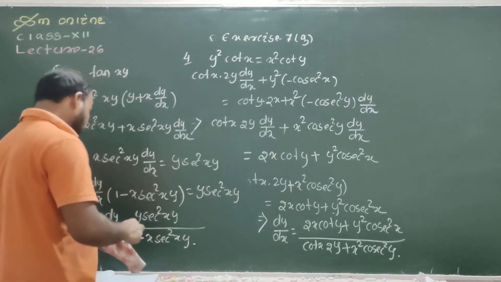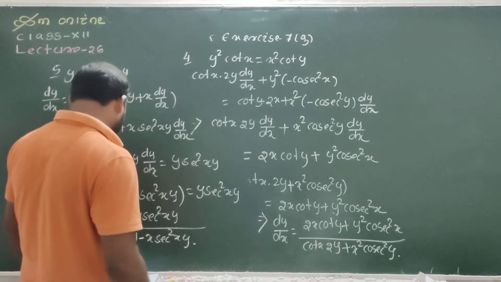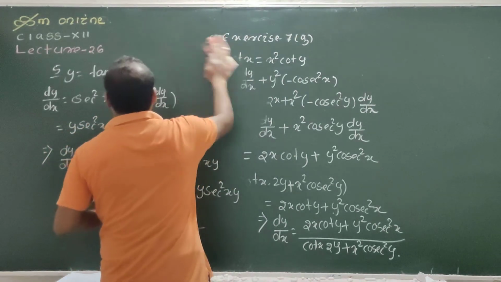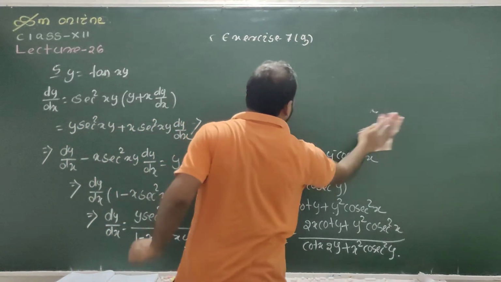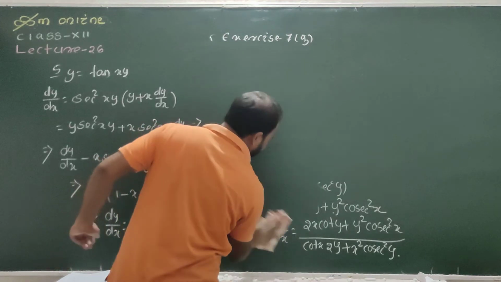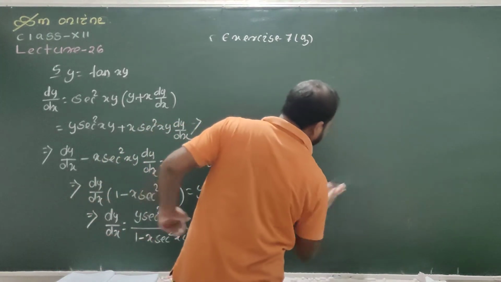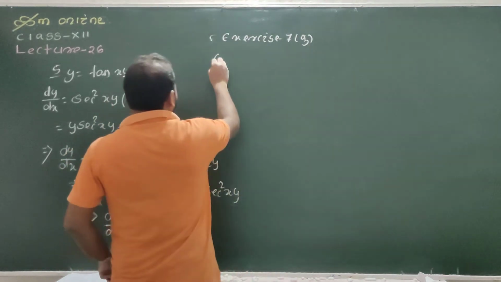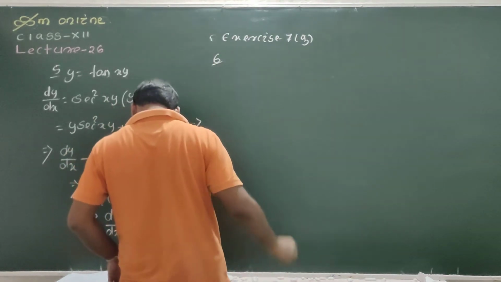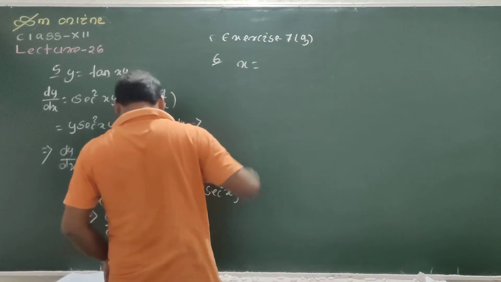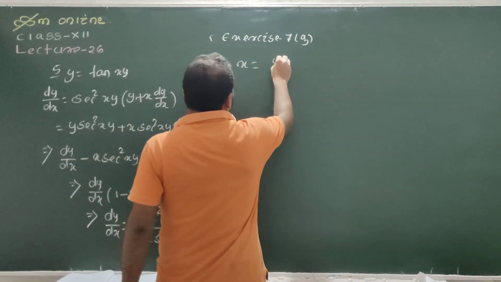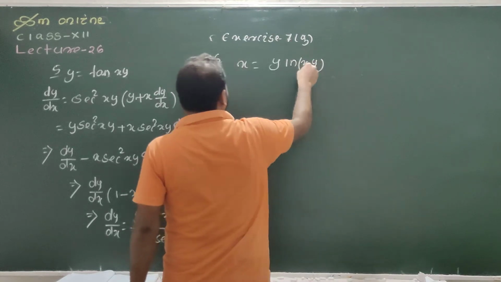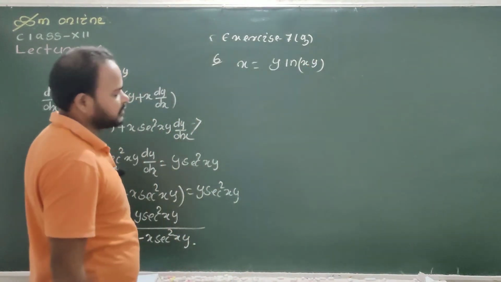Now move to question number 6. x equals y ln of xy. In question number 6, x equals y into ln of xy.